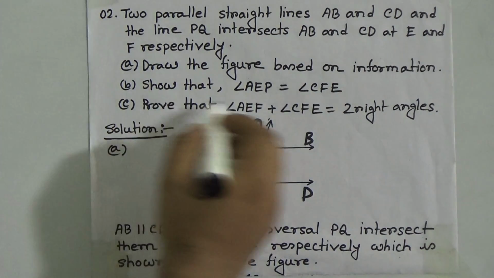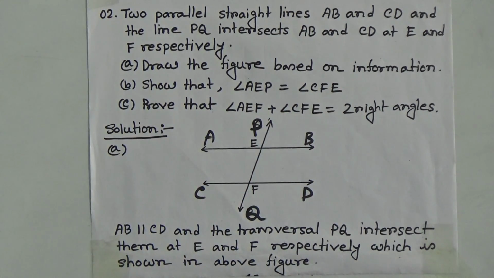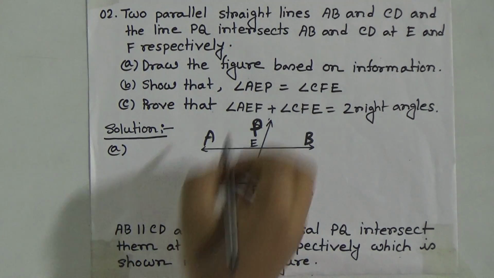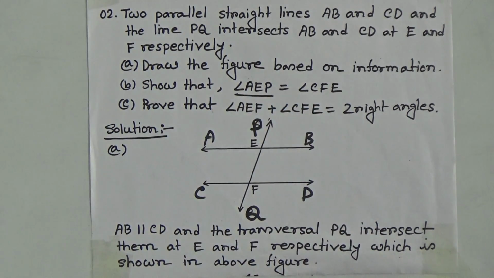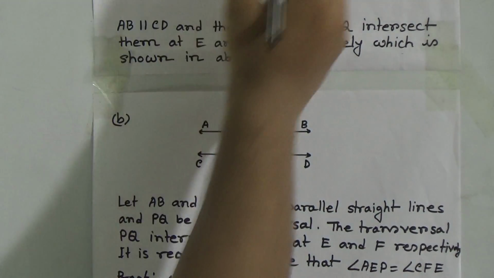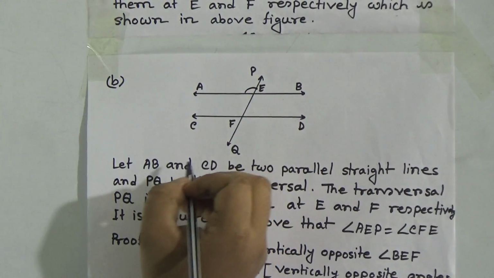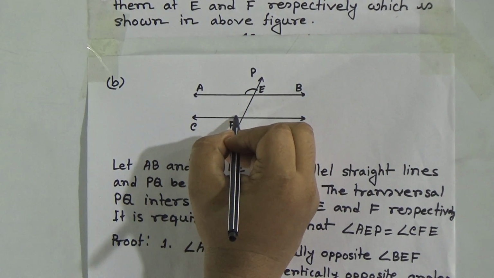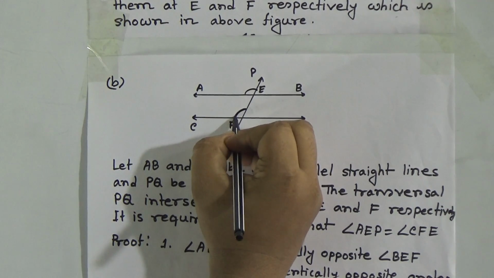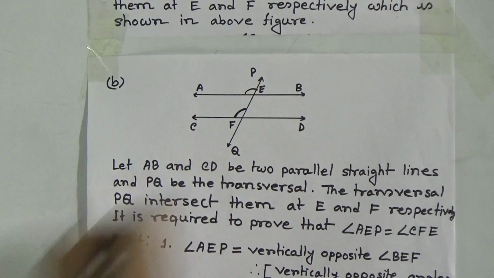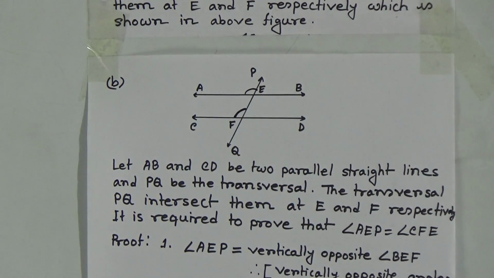Question B: show that angle AEP, this angle, equals angle CFE, this angle. Angle AEP equals angle CFE. We need to show these two angles are equal.